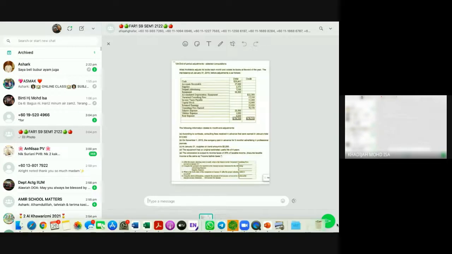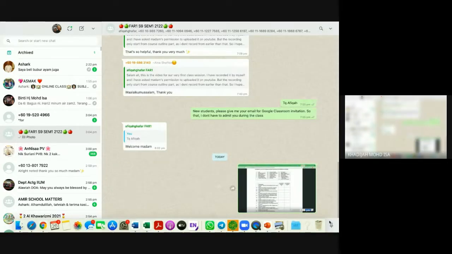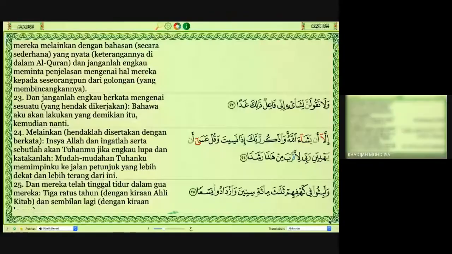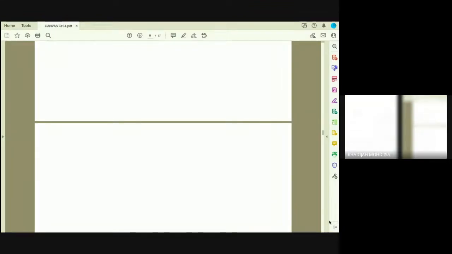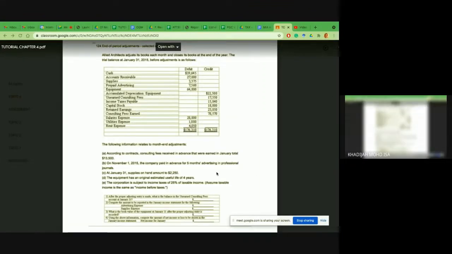Can you see that clearly in your WhatsApp? Here, actually, I also gave this one in the Google Classroom.